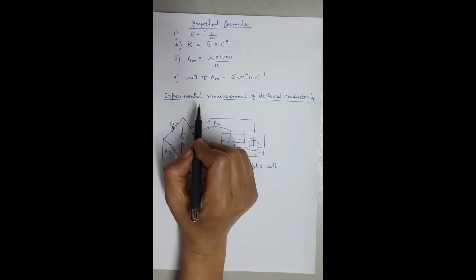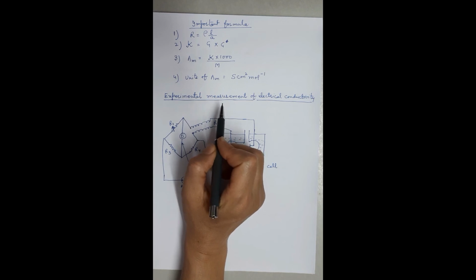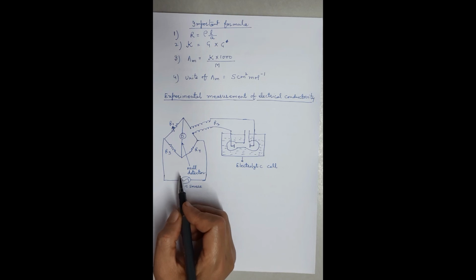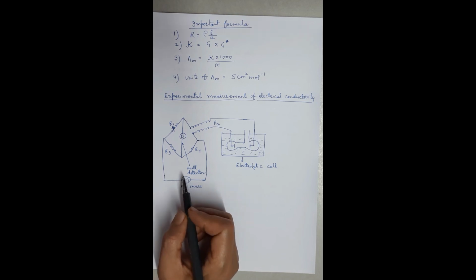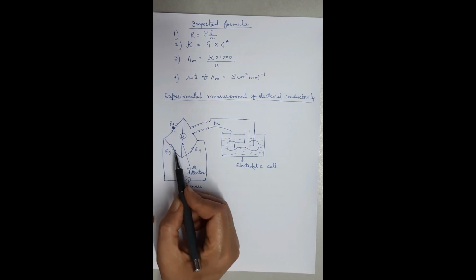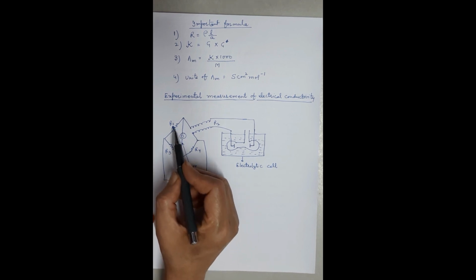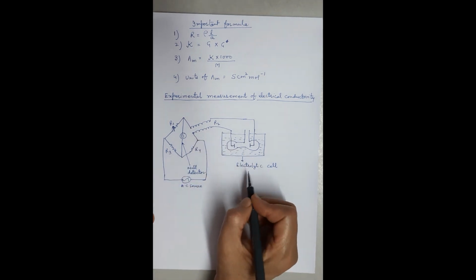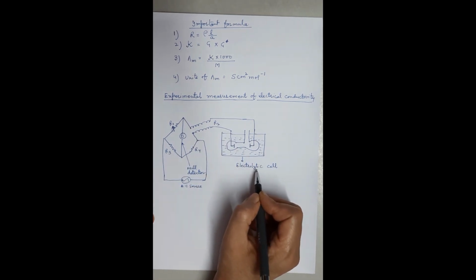Children, as we are talking about conductivity, how will you measure electrical conductivity experimentally? Let's see the diagram. It is the arrangement of Wheatstone bridge. You have done in physics also. These two are the fixed resistances. This is variable resistance, and the fourth resistance will be of this electrolytic cell or conductivity cell.